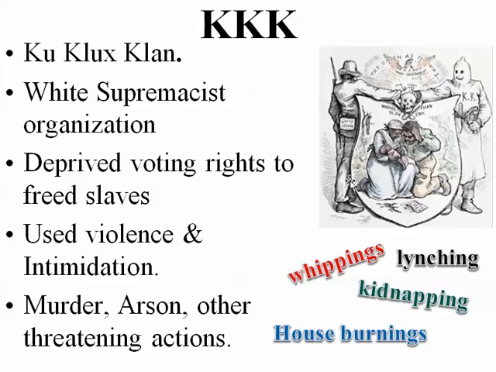They tried to keep African Americans from voting, so they deprived them of their voting rights. They used violence and intimidation, murder, even arson, threatening actions like whippings, lynchings, kidnappings, house burnings, cross burnings in yards, to try to keep African Americans from exercising their vote, which was their right because of the 15th Amendment.